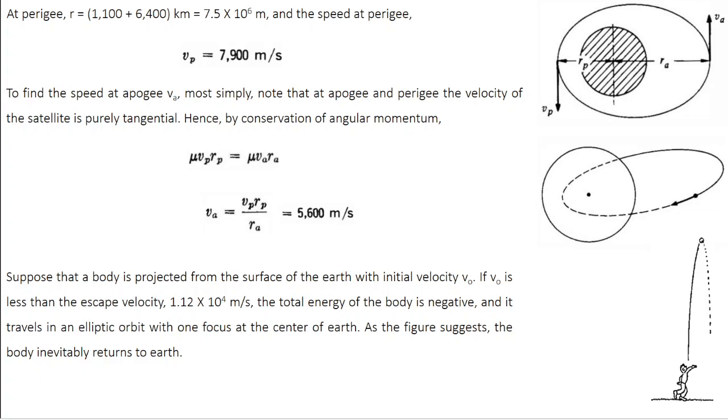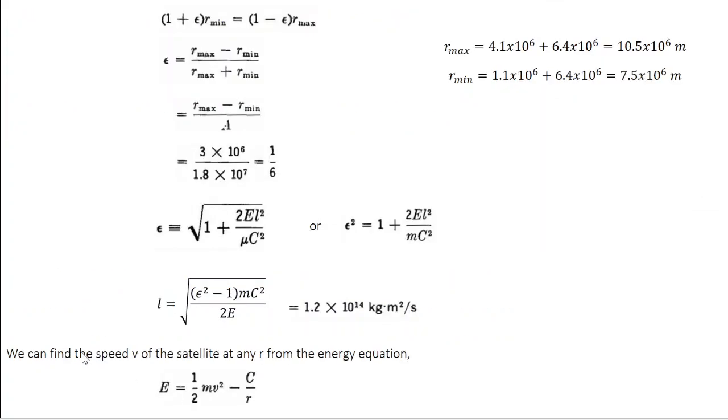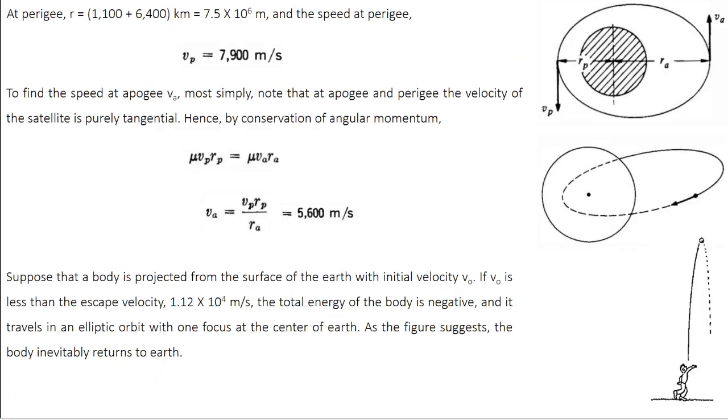And if you put this value into this equation, you will find that the C by R term, the potential energy term, is higher than the kinetic energy term. In other words, the total energy is going to be negative. So when the initial velocity is less than the escape velocity, total energy is negative.